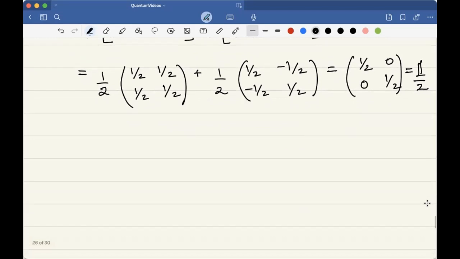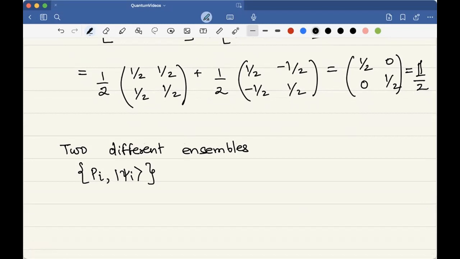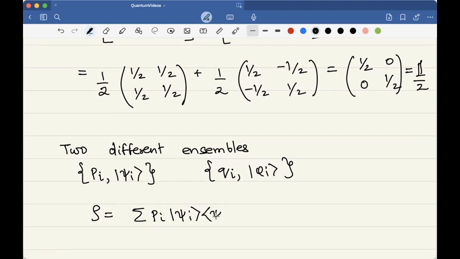Therefore, one can say that two different ensembles, p_i with psi_i as ensemble 1 and the second ensemble q_i with phi_i, could lead to the same density matrix, which means that rho could be summation p_i ket psi_i bra psi_i, which is also equal to summation q_i ket phi_i bra phi_i.